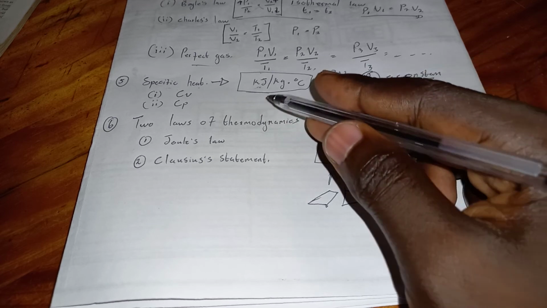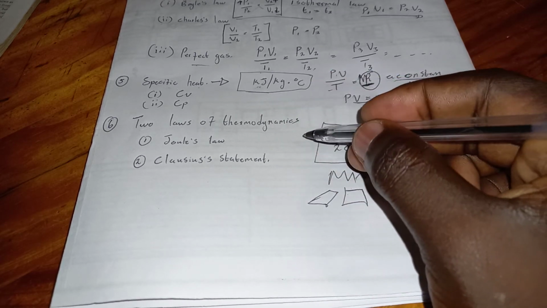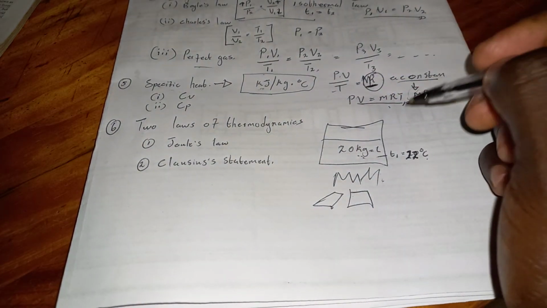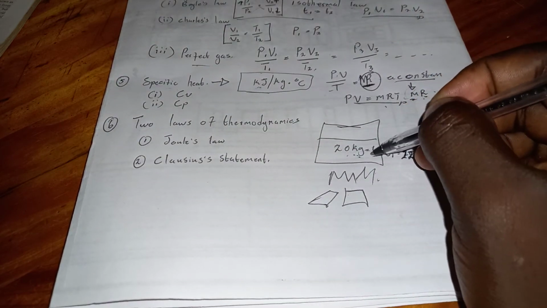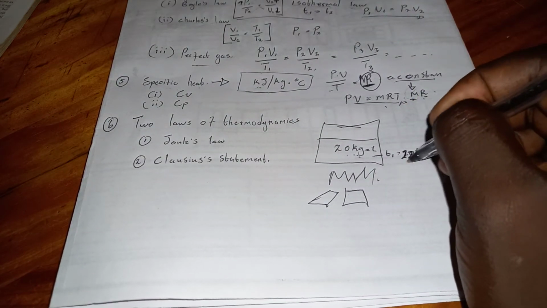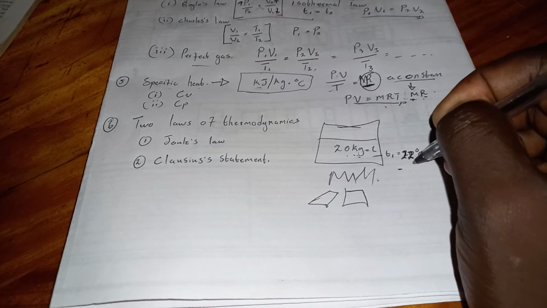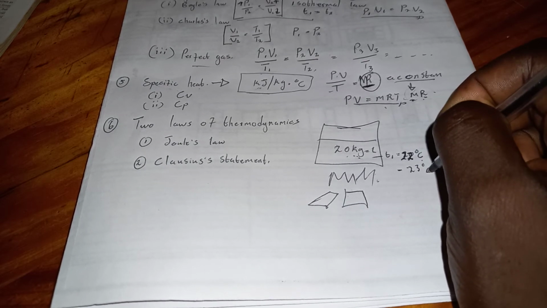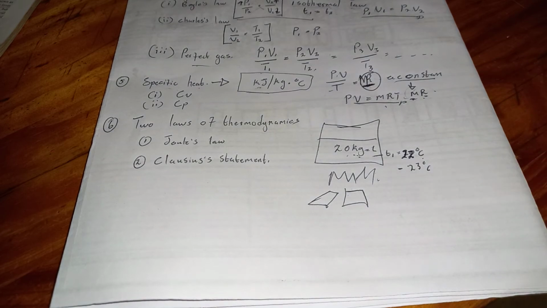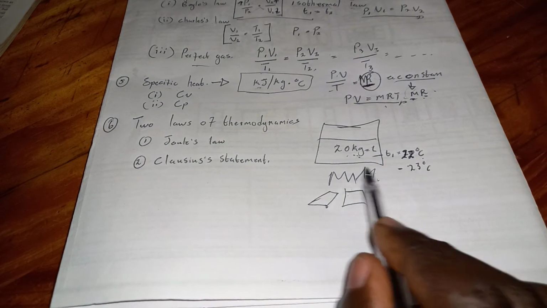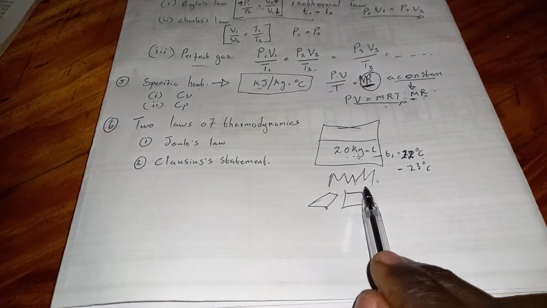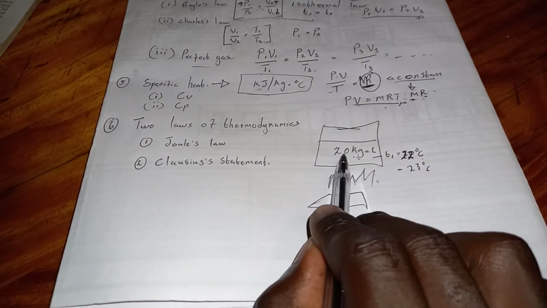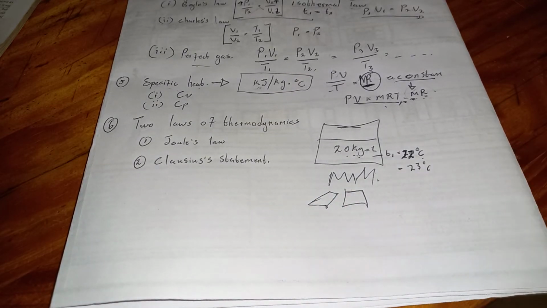So the specific heat capacity is the heat energy required to raise this. If this water changes by 1 degree, it's going to change to 23 degrees. The heat energy that this firewood has to provide to change this water by 1 degree Celsius is what you call the specific heat capacity.